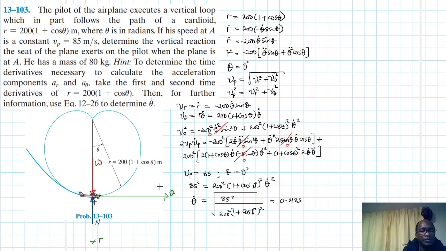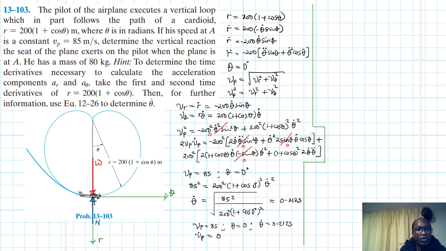Then we know that our VP, like we said, is 85, theta is equal to 0, theta dot is equal to 0.2125, and VP dot is equal to 0. So with that information, we can plug in all those inputs so that we solve the problem.